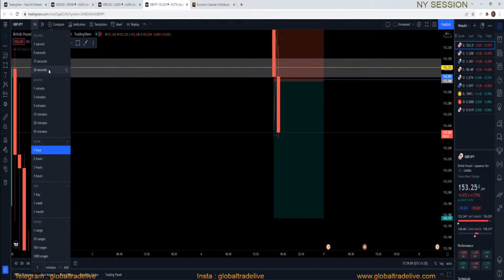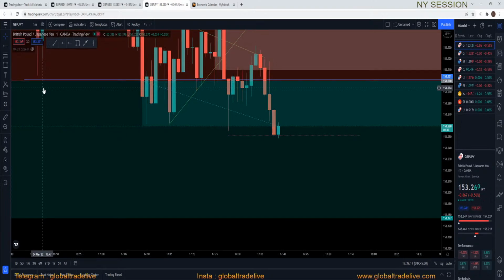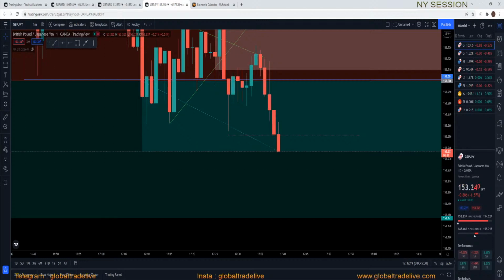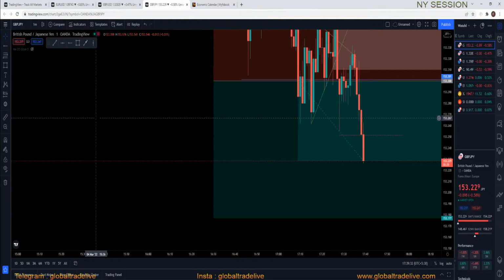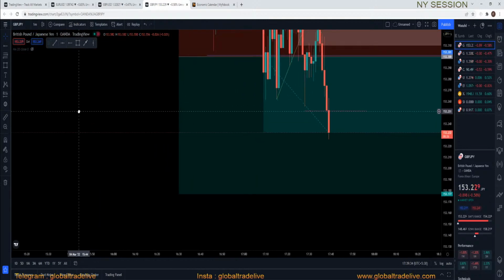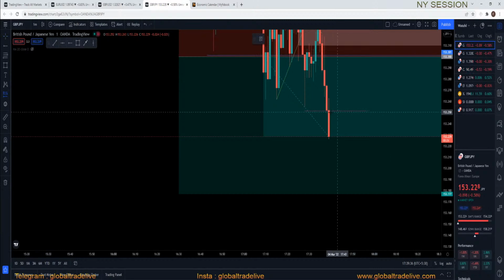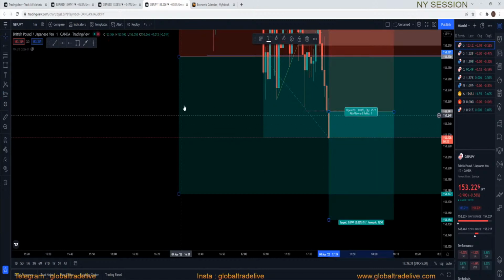So yeah, it's now moving down. So first position running in 6 pips, second one is running in like 1-2 pips over here, this is the second position.